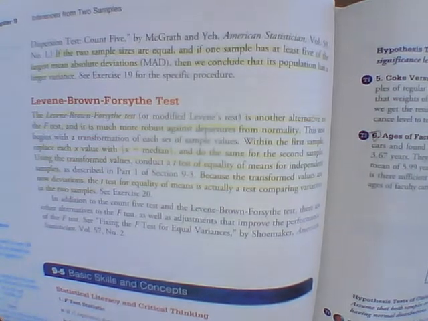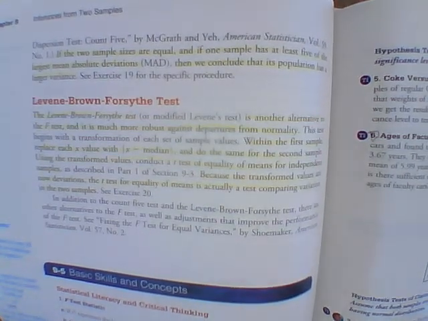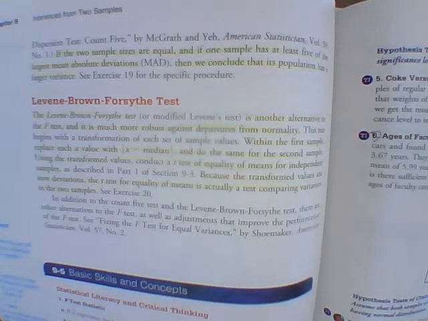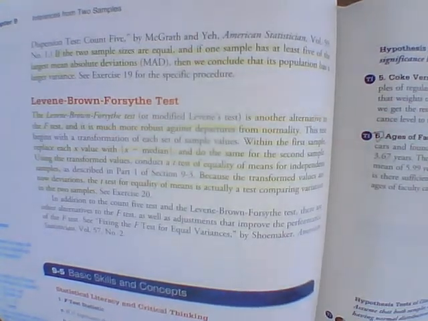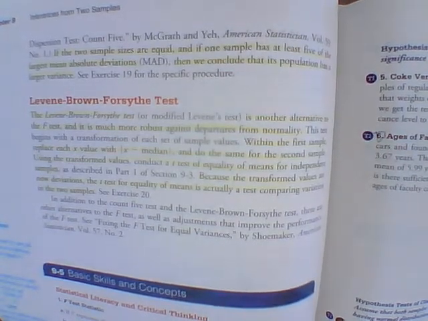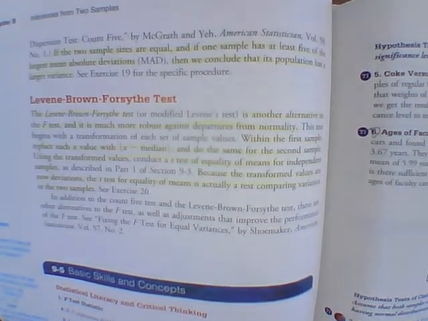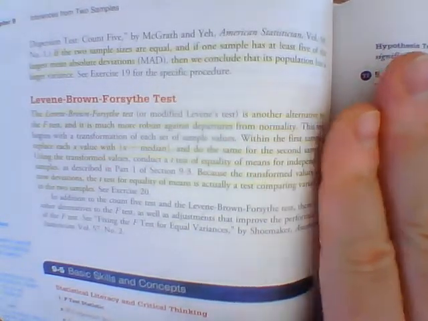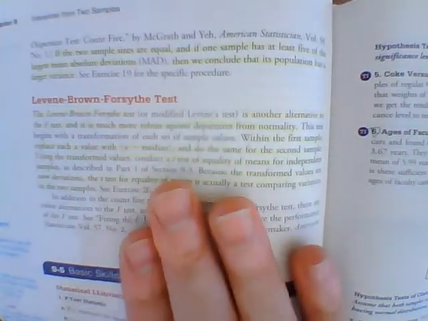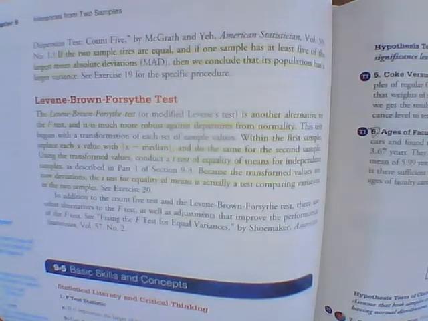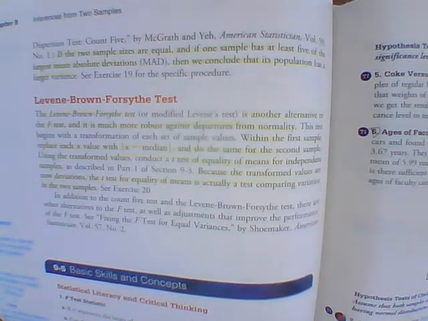Because the transformed values are now deviations, the t-test for equality of means is actually a test comparing variations of the two samples. So basically they start and take it back to a t-test. So rather than computing this whole other separate test, that F-test that we're going to be using, they do all this work to change the data, and then they conduct the t-test that we did in the past.